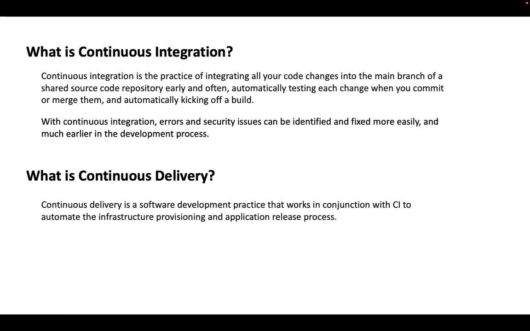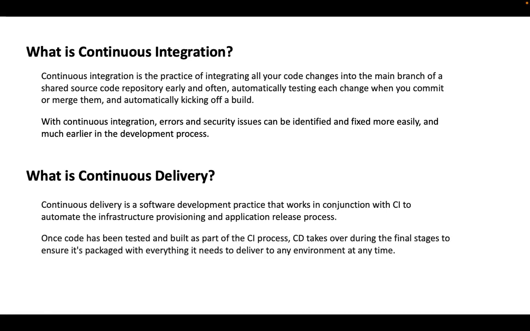So once the continuous integration and the build part is over, then the continuous delivery part, as I explained in the diagram, right, begins. Once code has been tested and built as part of the CI process, CD takes over during the final stages to ensure that it's packaged with everything it needs to deliver to any environment at any time.